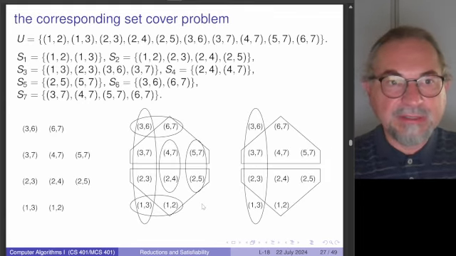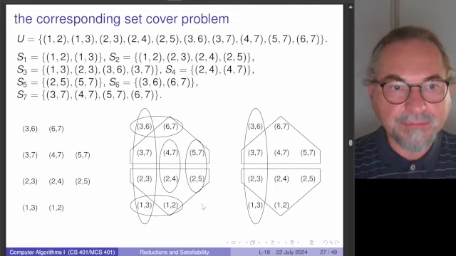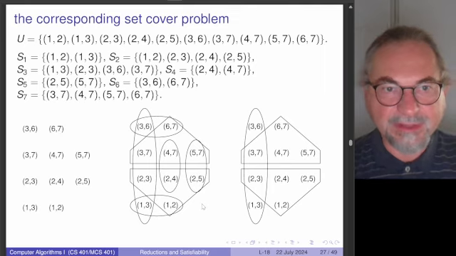Okay, the set cover problem, we can set it up so that the edges represent the capabilities.